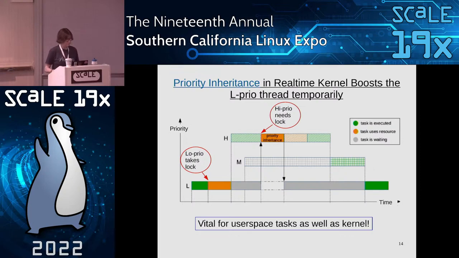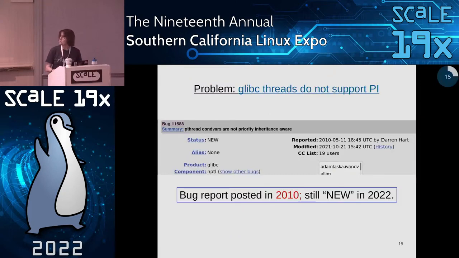And so the difficulty that I'm going to talk about is described by this bug report, which says that glibc, the GNU C library, which is the most used C library with Linux, does not actually honor priority inheritance in its locking. So that is exactly the problem that causes priority inversion.